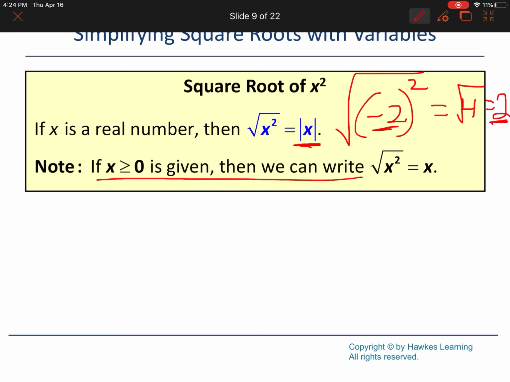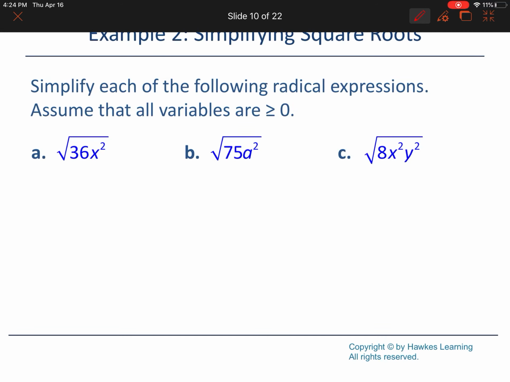And so if we do that, then we can just write this. We don't have to put the absolute value, okay? So that's why most of your problems are going to say, assume that the variables are all greater than or equal to 0 because of that. So when we have a variable, because we are assuming that all variables are greater than or equal to 0, I don't have to worry about putting absolute values. If it didn't say that, I would have to worry about it.